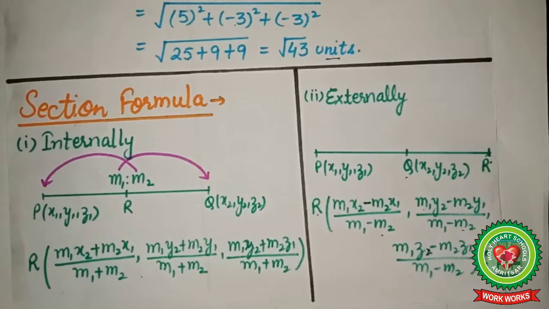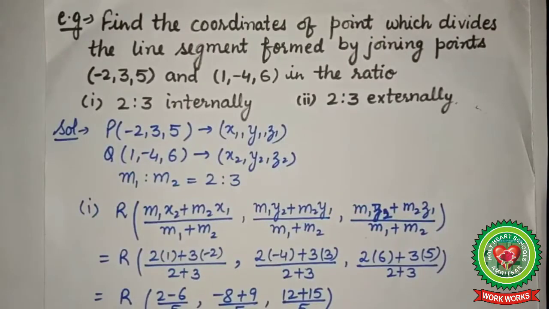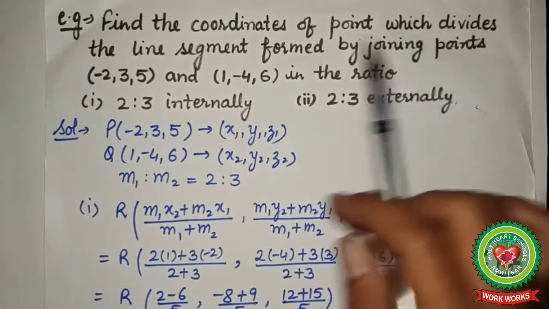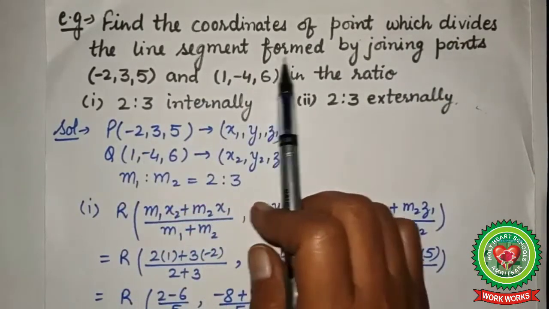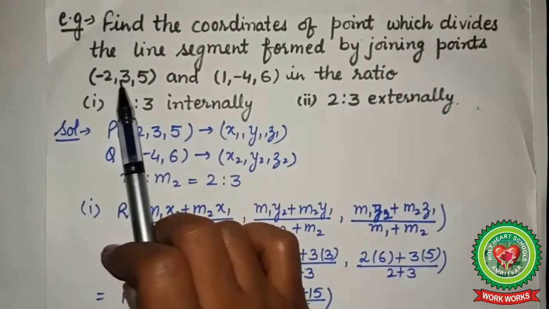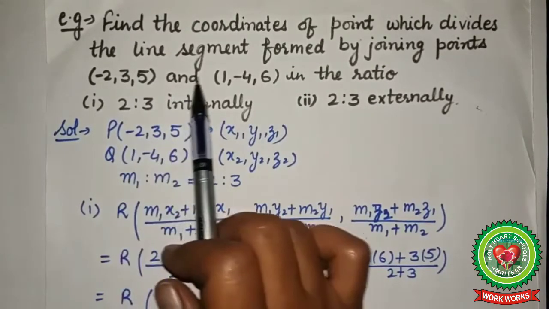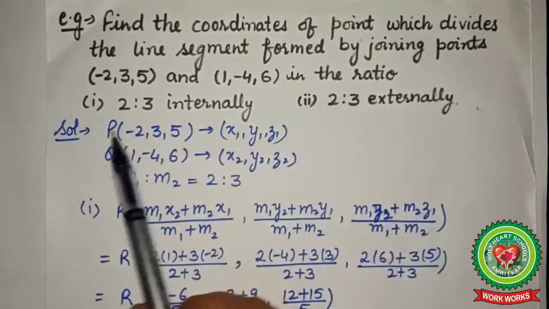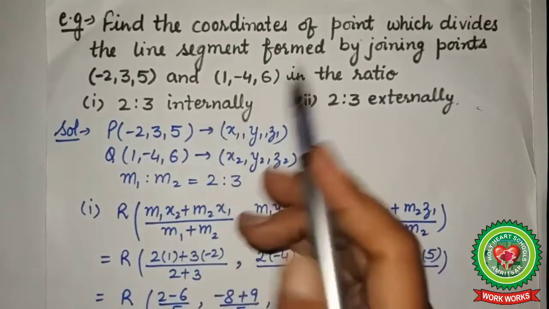Now let's do one question based on these two types of division. Find the coordinates of point which divides the line segment formed by joining the points -2, 3, 5 and 1, -4, 6 in the ratio 2:3 internally.